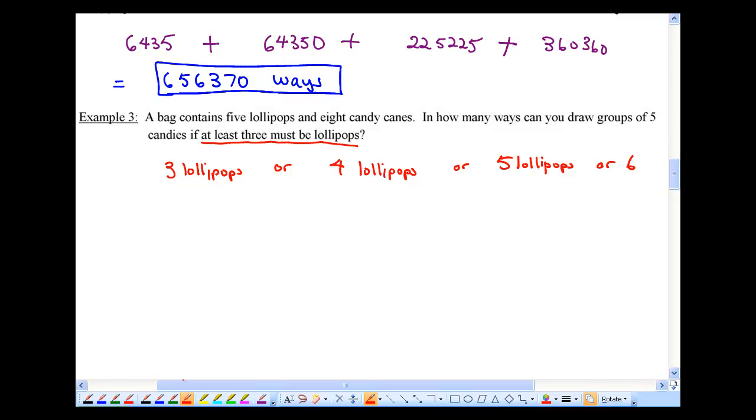The bag only contains 5, so don't worry. Stop at 5. Okay, so remember, 3 lollipops also means you're choosing 2 candy canes, because you're choosing 5 in total. 1 candy cane, no candy canes.